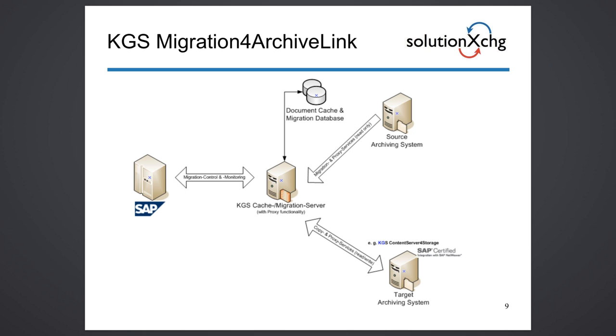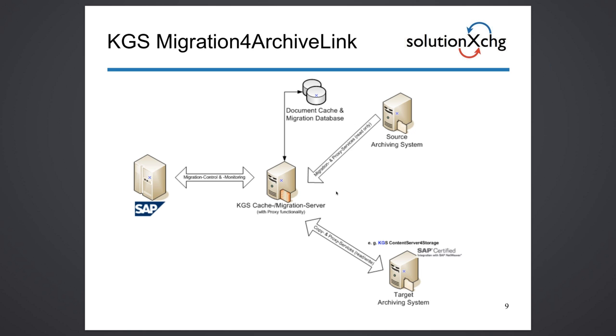So we load a MySQL database on that migration cache server with all the document IDs from the SAP link tables, and that allows you to pull the documents from the source system and then, based on the configuration on the migration server, pump it into the target system. That is an ongoing cycle that runs completely in the background, does not impact your SAP system at all. It can run day and night at whatever speed you need it to.